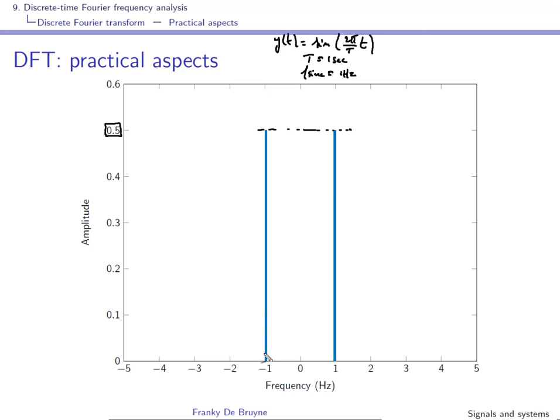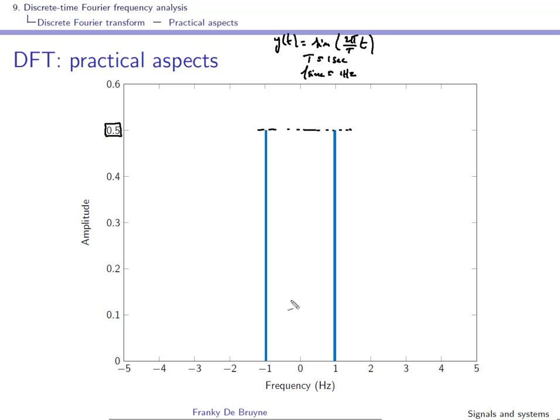So why do we also see a spectral line at minus 1 hertz? Well, this should ring a bell, and it is something we have seen in the animation, where we constructed a sine or a cosine using two phasors turning in counterclockwise and clockwise directions.